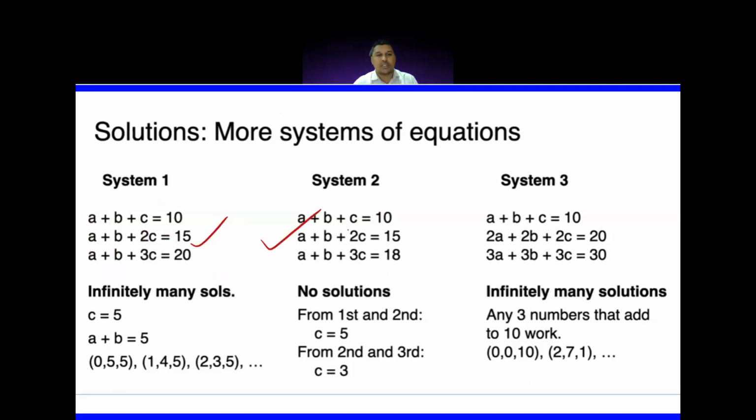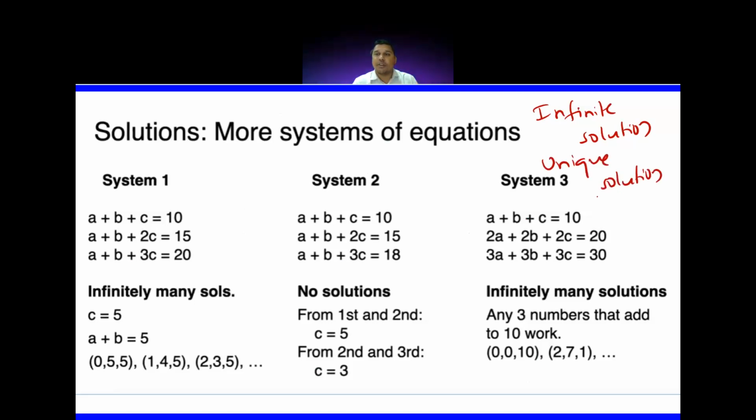I can solve this using substitution and say whether it has infinite solutions, no solutions, or a unique one. So the possible outcomes are: there can be infinite solutions, or there can be a unique solution, or there can be no solution.